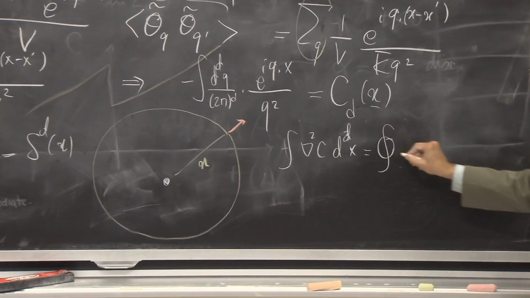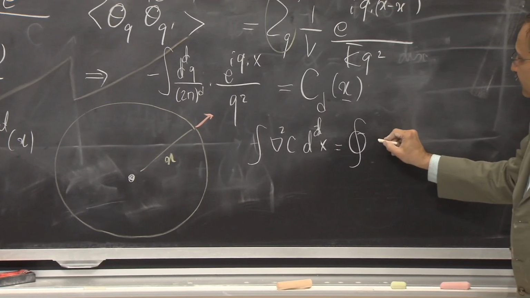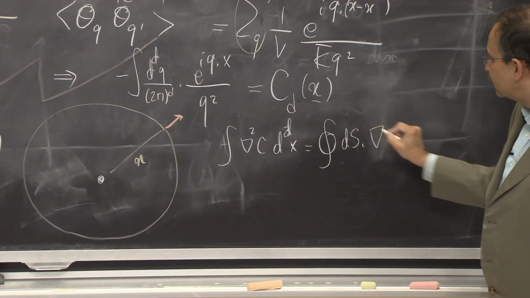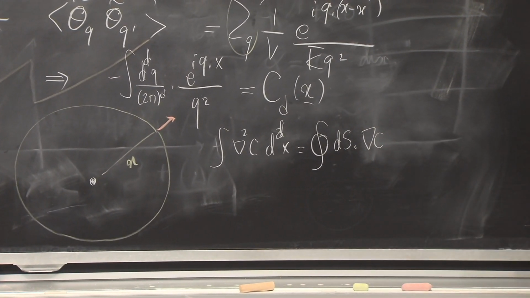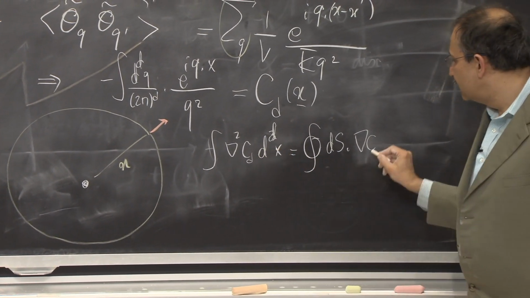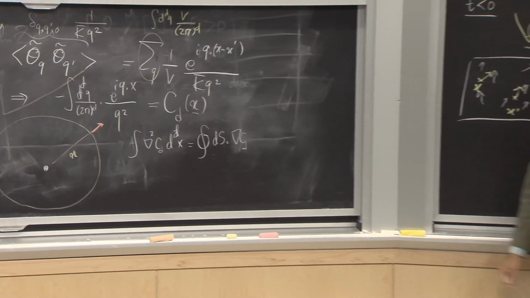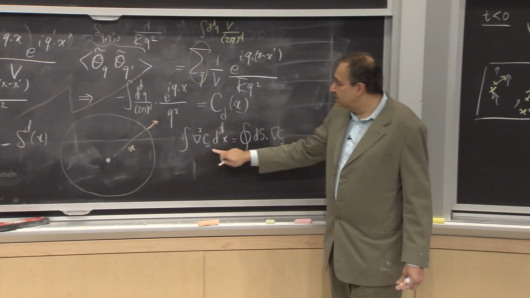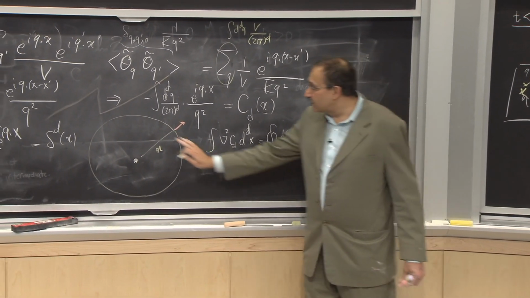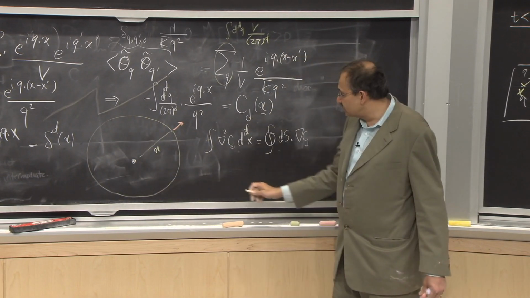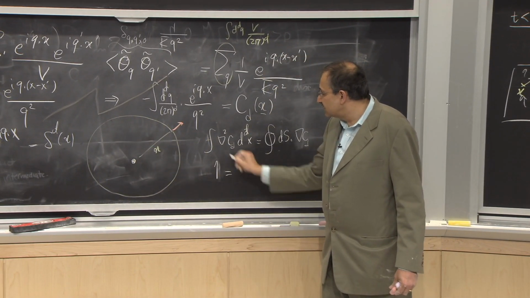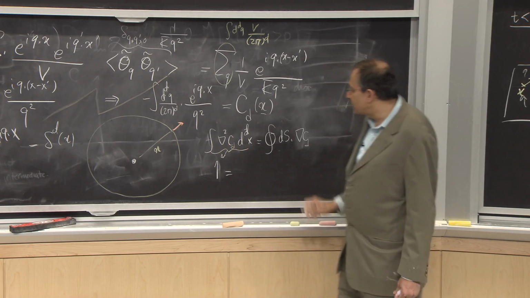So I have the surface integral of gradient. Now, for the case that we are dealing with, the left-hand side Laplacian is a delta function. So when we integrate that over the sphere, I simply get 1.